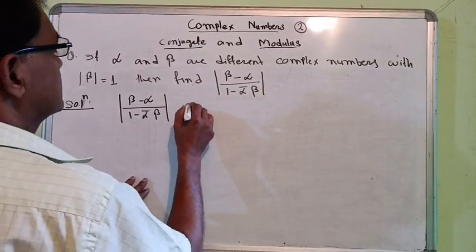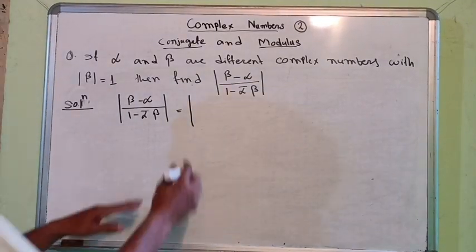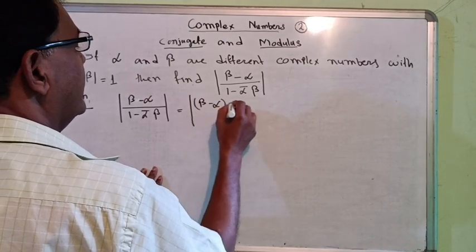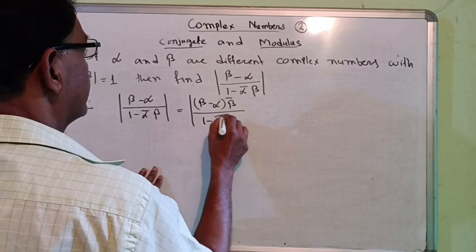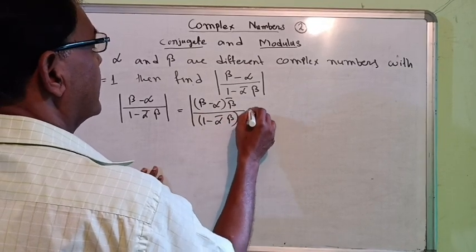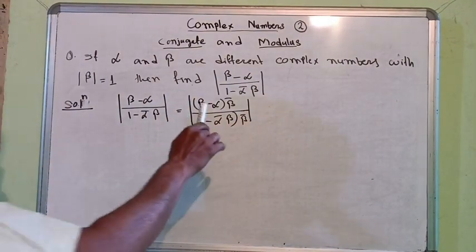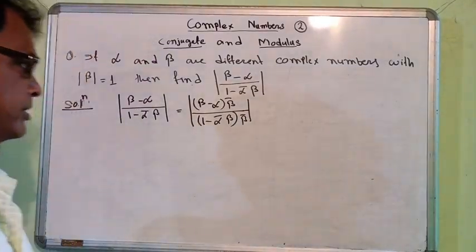Mod of beta minus alpha by 1 minus alpha bar beta. This is equal to, if we multiply numerator and denominator by beta bar, then we get mod of beta minus alpha beta bar divided by 1 minus alpha bar beta into beta bar. A very important step, you have to remember it.